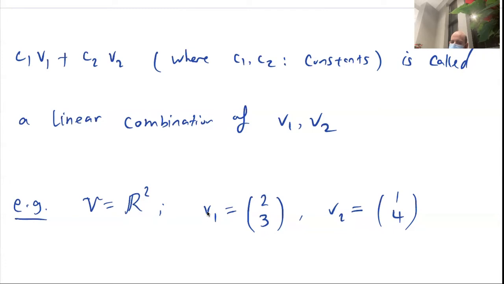Any vector of the form C1 V1 plus C2 V2 is called a linear combination of V1 and V2.